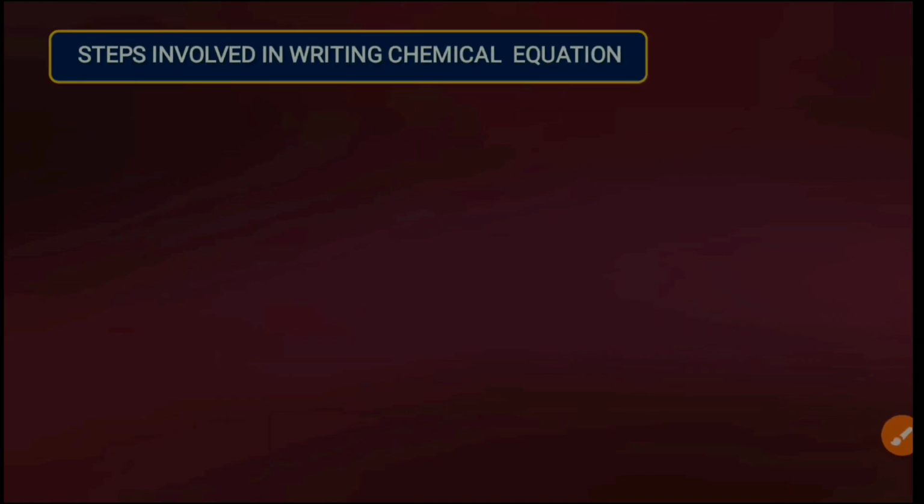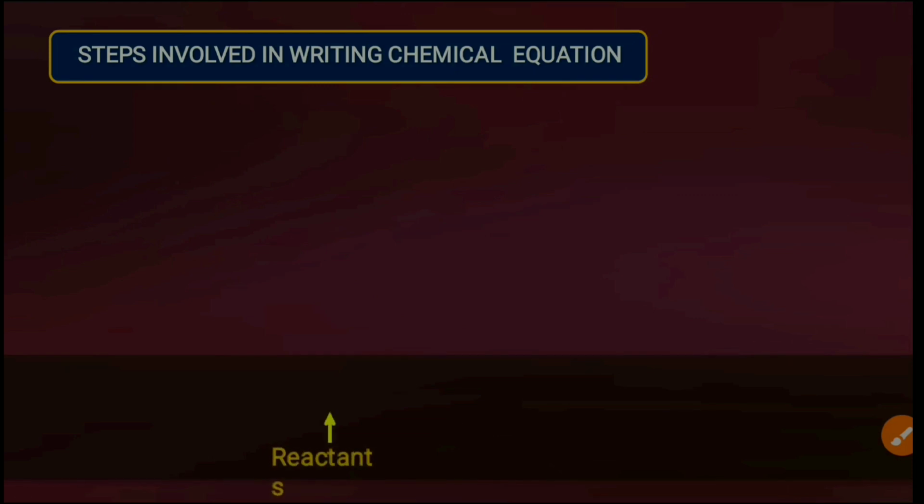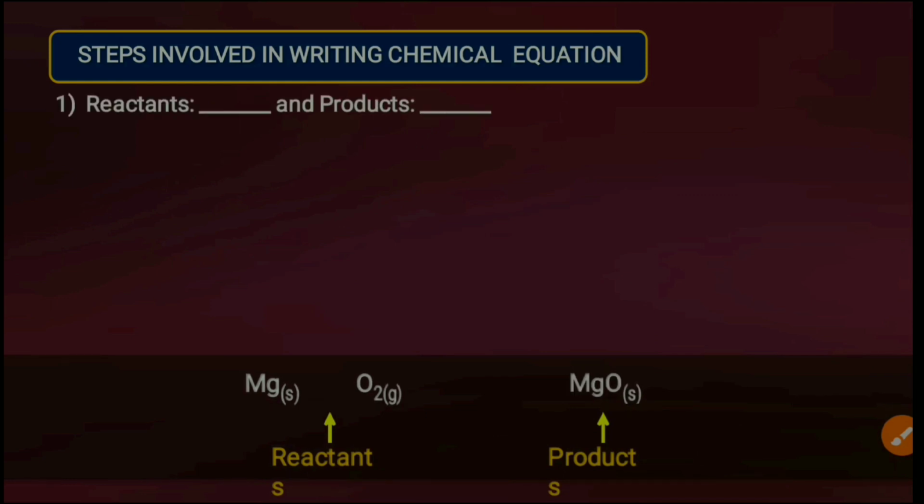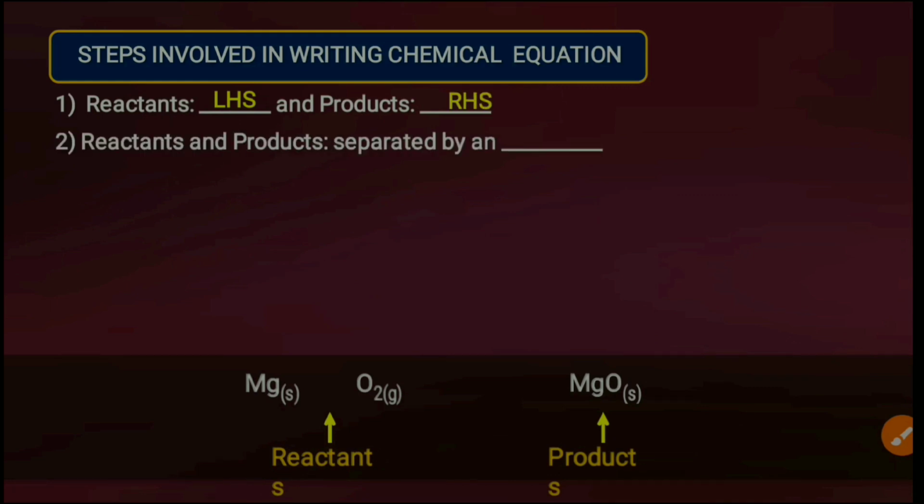Yes, steps involved in writing a chemical equation. It is the reactant side, it is the product side. We will just take a simple example. Reactants are written on the LHS, LHS meaning left hand side, right? And products on the right hand side. Reactants and products are separated by an arrow mark.